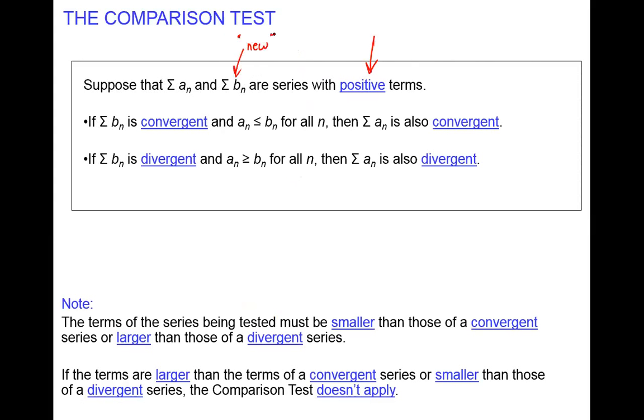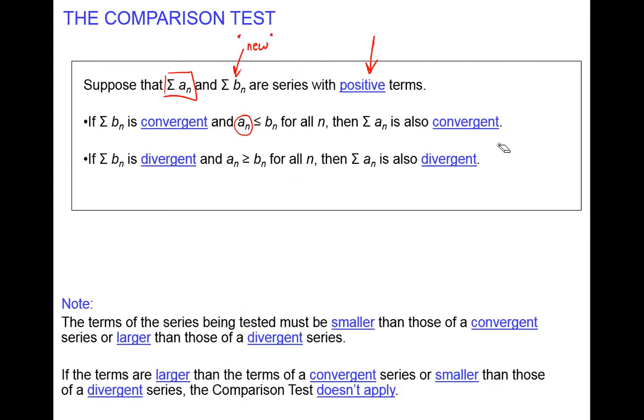That's the job for us, to find the B sub n, the series that we're going to compare with this one. And this one is the original one, that's given. If B sub n is convergent, and we have this relation, everything is smaller, my original series is smaller than B sub n for all of the n's, then my original series is convergent. That's what I was showing you.